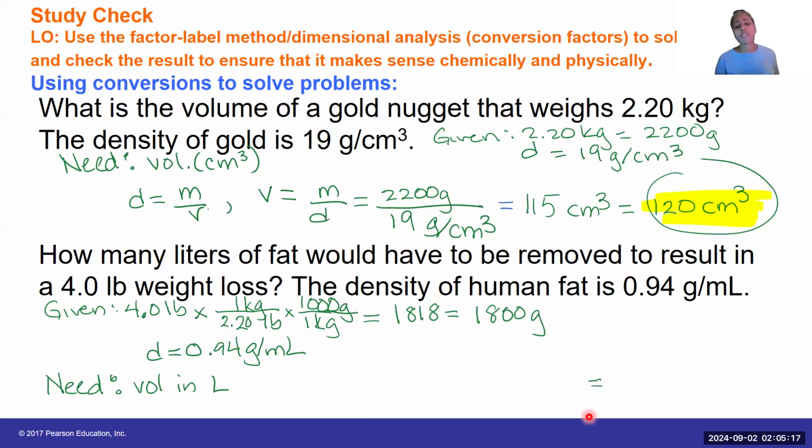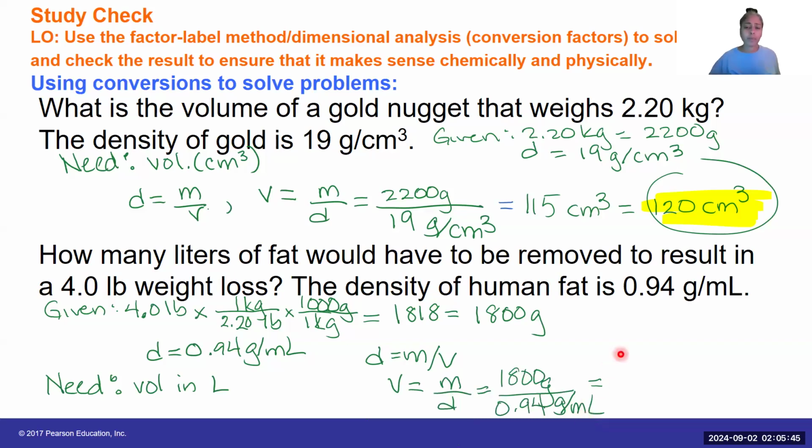So notice that for this problem, there are a number of conversions that must be done before we get to our final volume. First, we had to convert from pounds to grams. And now we're going to use that information to determine the volume based on the density. So again, volume is going to be equal to mass divided by density, which is 1,800 grams divided by 0.94 grams per milliliter.